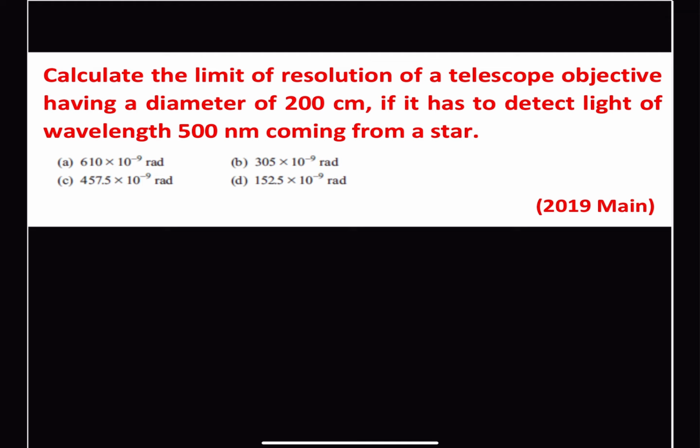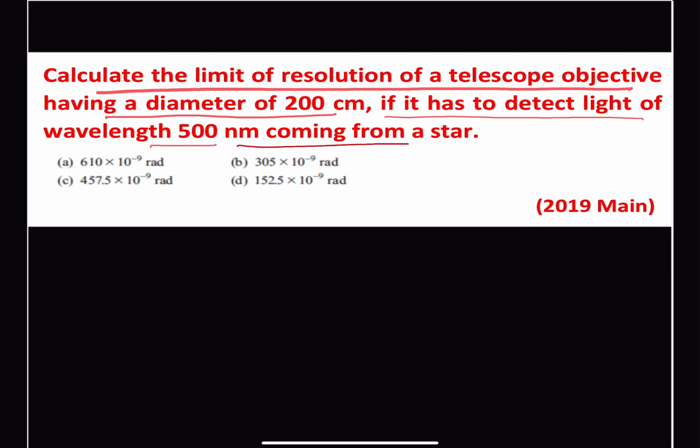and here also it is based on the resolution. Calculate the limit of resolution of a telescope objective having a diameter of 200 centimeter if it had to detect a light of wavelength 500 nanometer coming from a star. So this is straightforward.